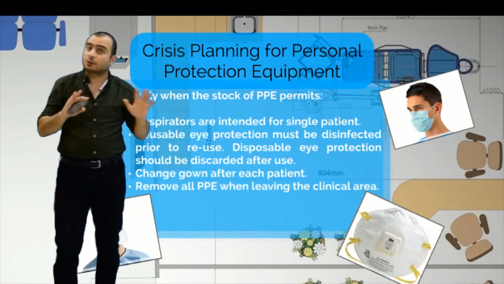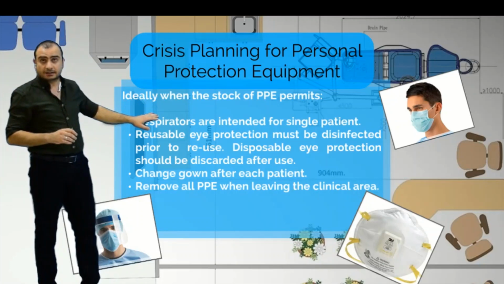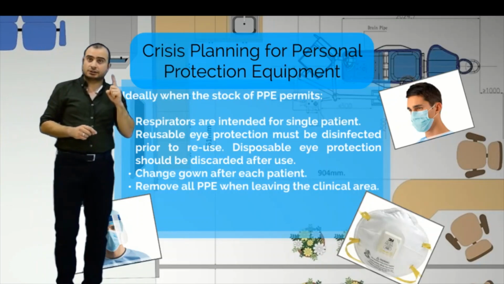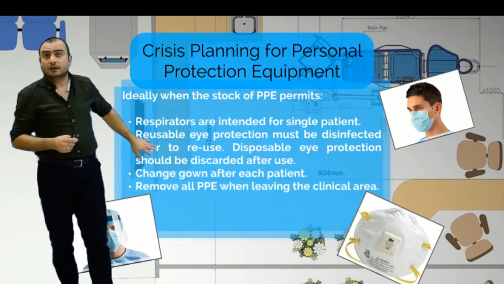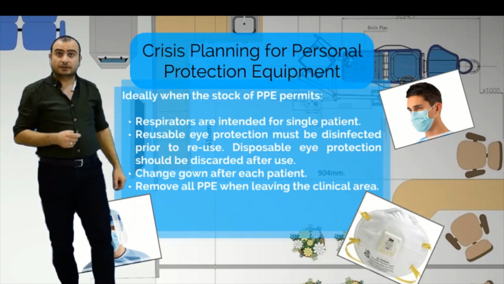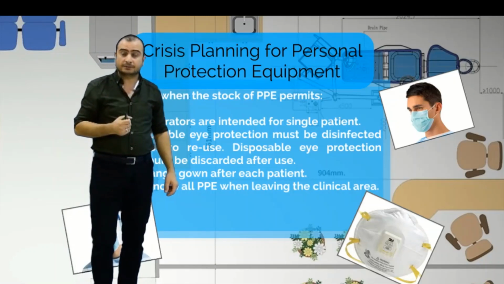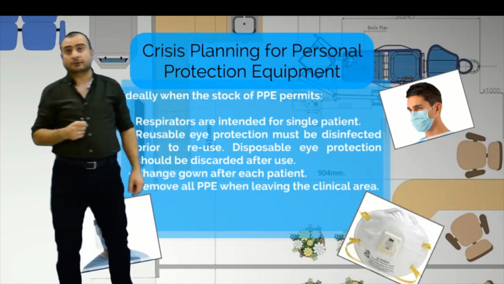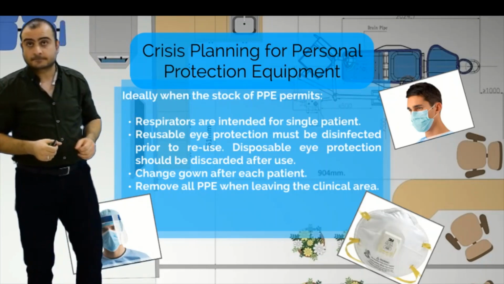Ideally, when the stock permits of the personal protection equipment, respirators are intended for a single patient use and should be disposed after each treatment. Reusable eye protection must be disinfected prior to being reused for another patient. If it is a disposable eye protection, then it needs to be taken off and disposed.